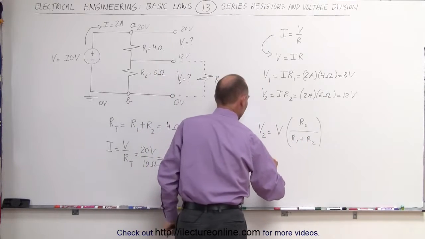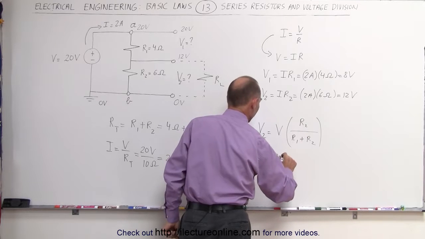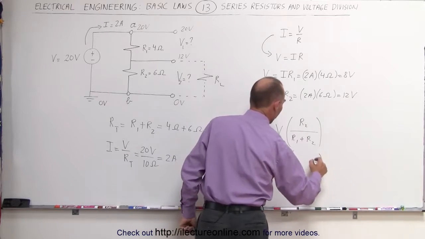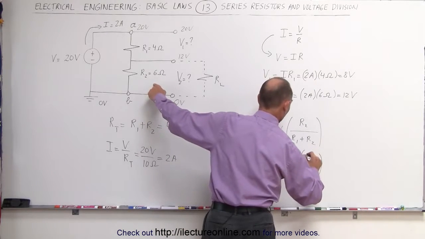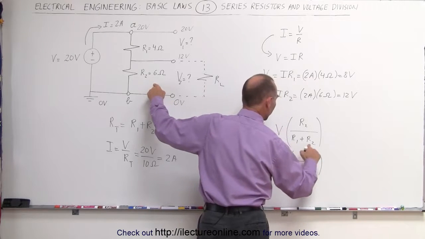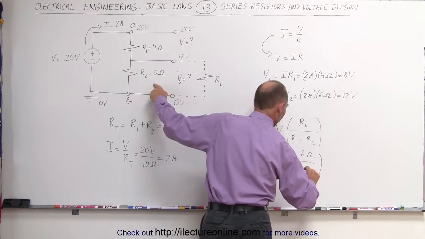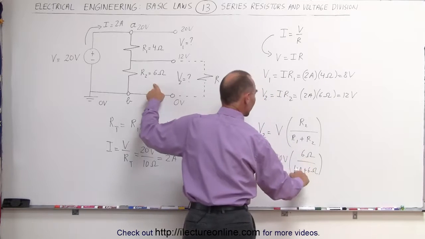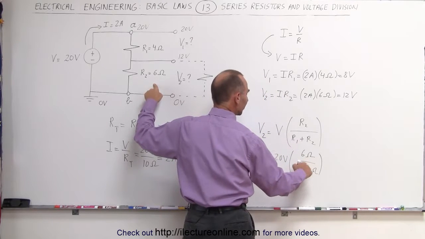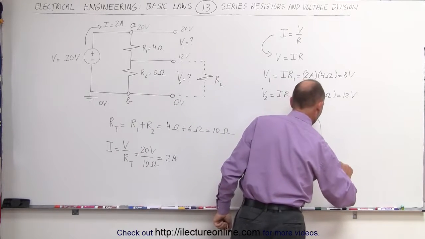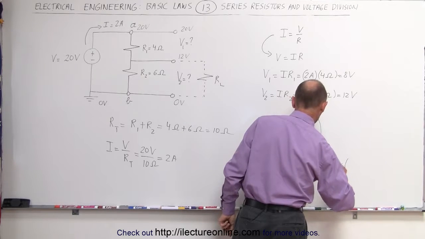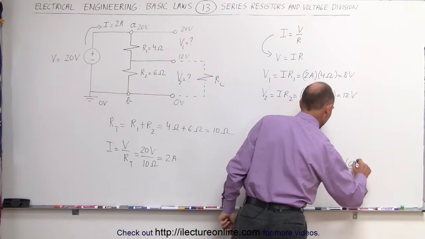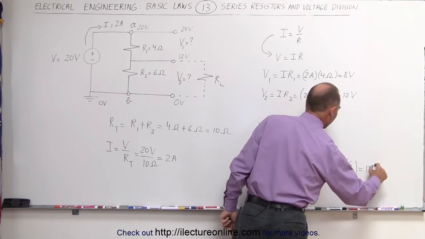In this case, V2 is equal to the 20 volts times the ratio of 6 ohms divided by 4 plus 6 ohms. That's 6 divided by 10, or 20 volts times 6 over 10, which is equal to 12 volts.